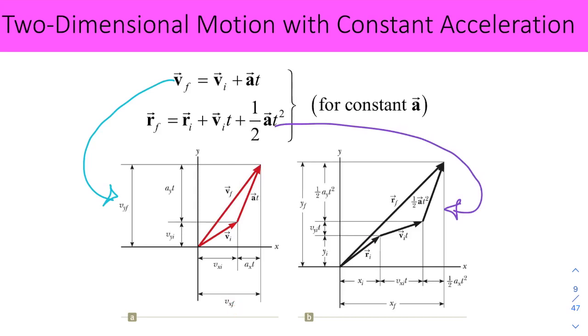That's the meaning in terms of sketching. To have Vy final, you add up Vy initial plus ayt. Back to this equation, everything here is along the y-axis, everything here along the x-axis. That is why we can say that two-dimensional motion can be treated separately. It goes the same for this part and this part.